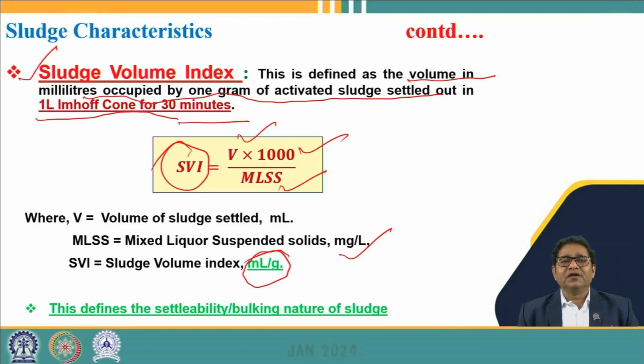This parameter is used to define the settleability or bulking of sludge, and also to find the recirculation ratio required for the activated sludge process.